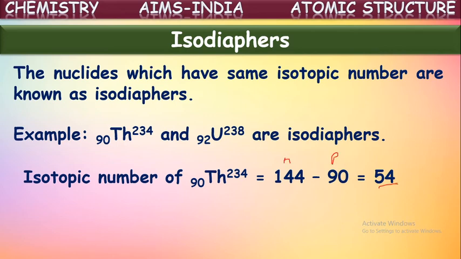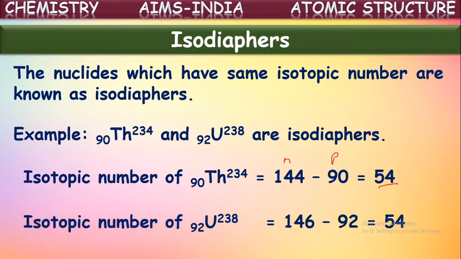If we see the same difference for uranium, there also we get 54. So like this, the atoms or ions or molecules, whatever they are, are called simply nuclides. The atoms which have the same isotopic number are called isodiaphers.